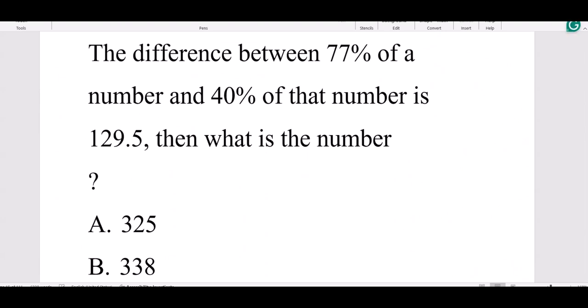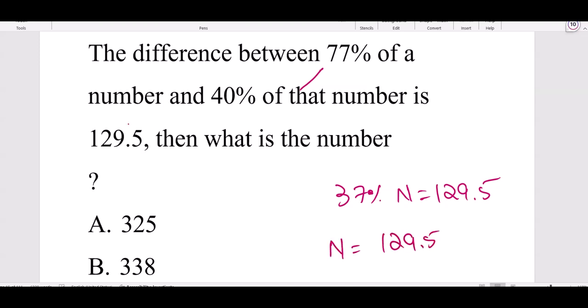Okay. The difference between 77% of a number and 40% of that number is 129.5. What is the number? See, the difference between 77% and 40% is 37% of the number. It's a one step process, 129.5. 37% is 0.37. So 129.5 divided by 0.37. This question is from TCS.